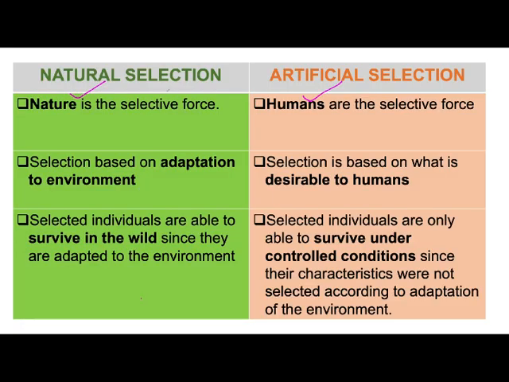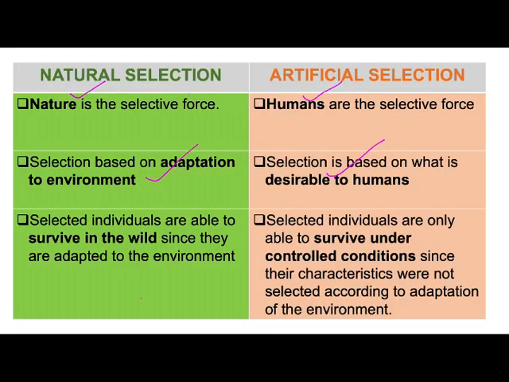Natural selection refers to selection that is based on adaptation to the environment. On the other hand, artificial selection is a type of selection that is based on what is desirable or needed by humans.